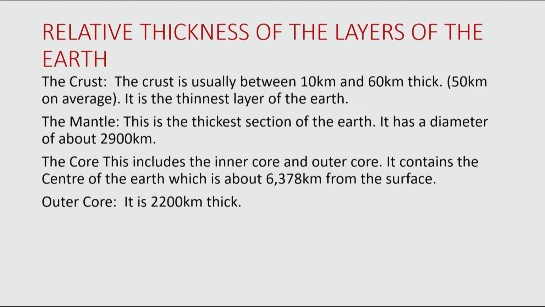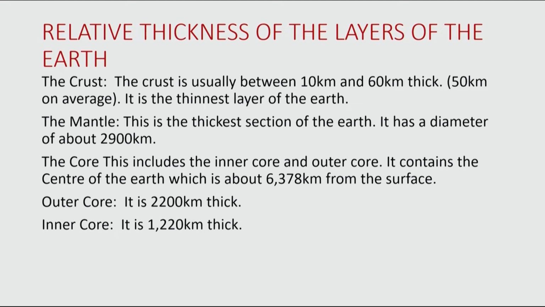It has a thickness of 2,200 kilometers, and the inner core has a thickness of 1,220 kilometers. So when you look at the four parts, the mantle is still the thickest with 2,900 kilometers, followed by the outer core, which is 2,200 kilometers, and the crust is the thinnest layer.